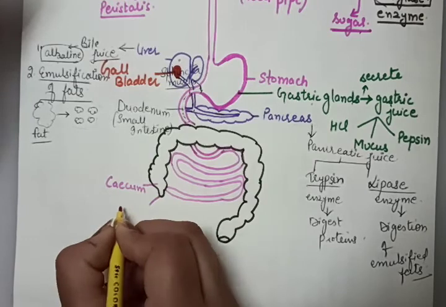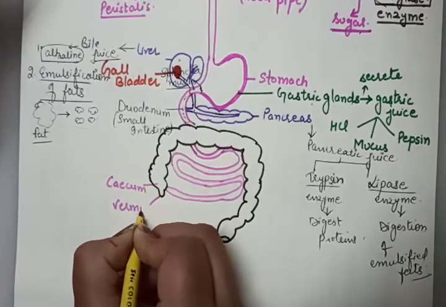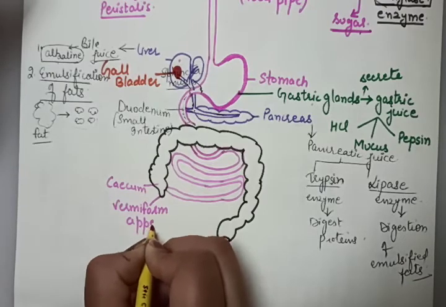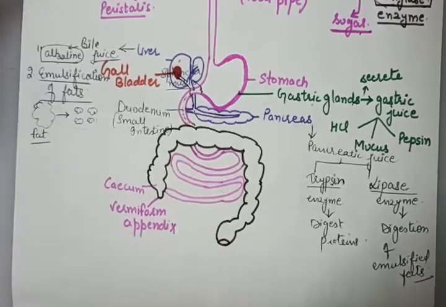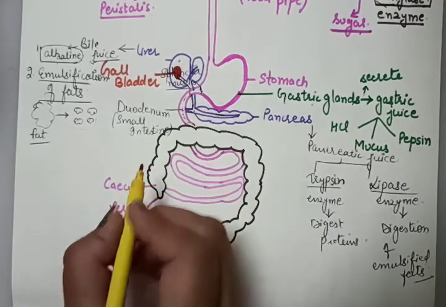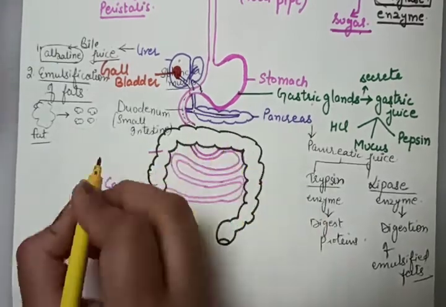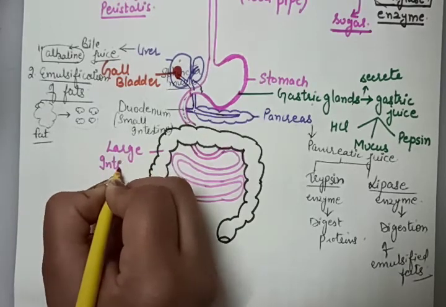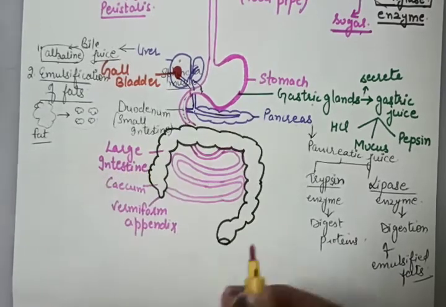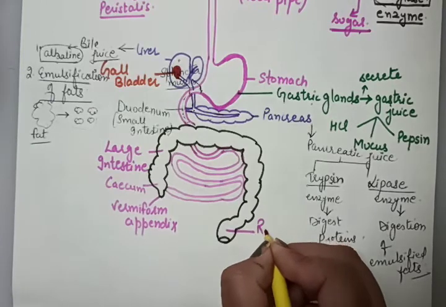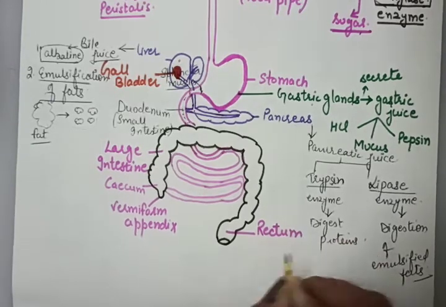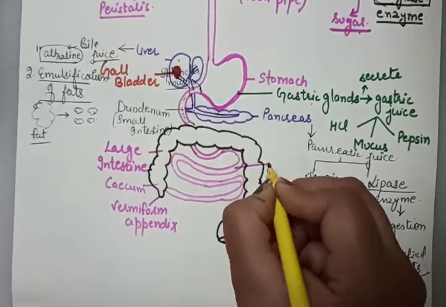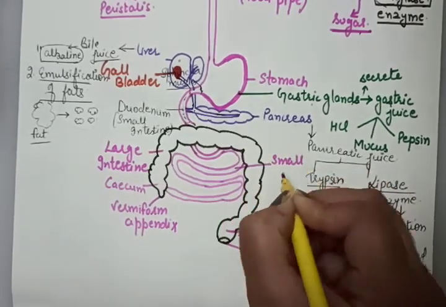And this part is called the vermiform appendix. And this is the full large intestine. This is the rectum and this is the anus. And this one is the small intestine.